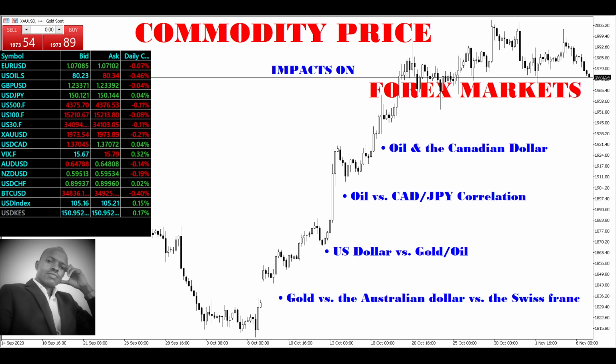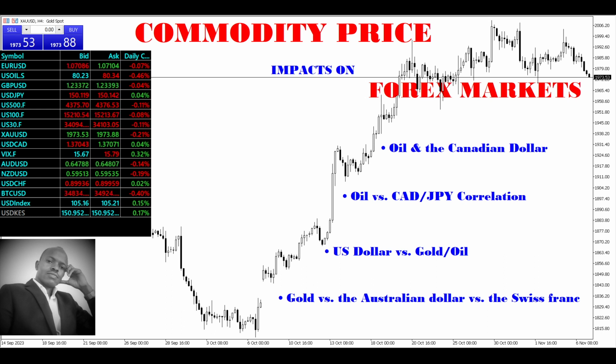So the first correlation we take a look at is the relationship between oil prices and the Canadian dollar. The Canadian dollar is greatly influenced by ups and downs of oil prices since Canada is a net exporter of oil.